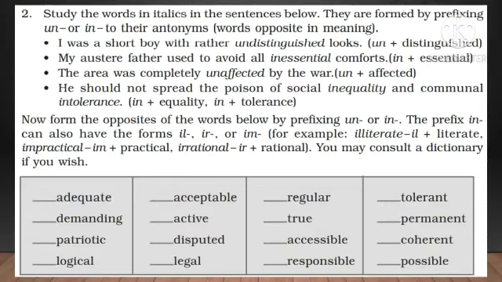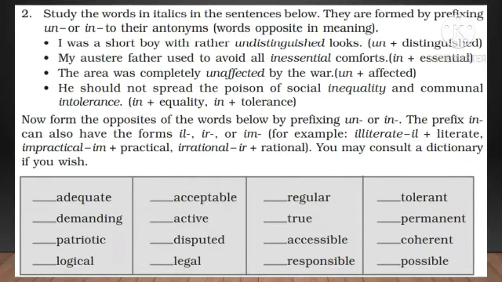We just add prefixes in order to change a word into its opposite. So that's what we are going to see here: adding prefixes to change a word to its opposite, to form its antonym. Antonym means the opposite of a word.